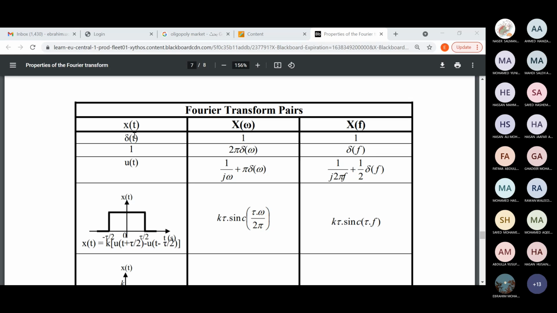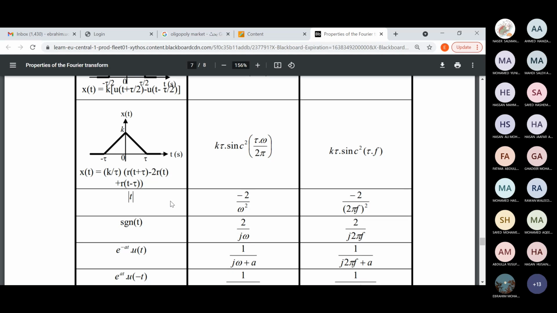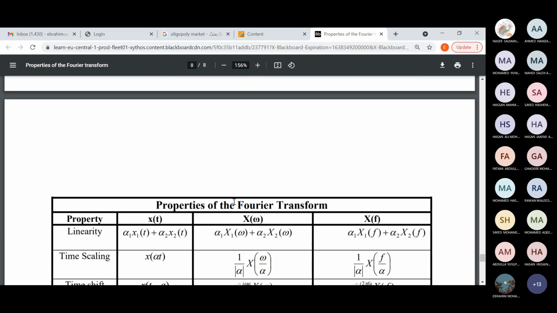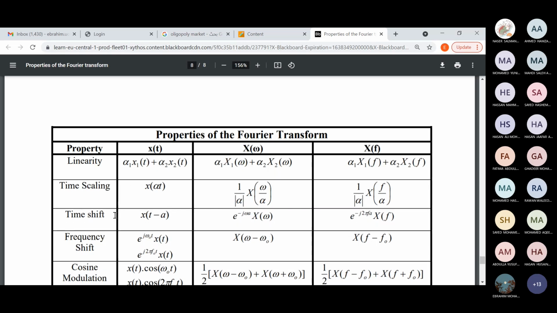When we have delta of t, its Fourier transform, for omega or for f, is equal to 1. And when it is delta of t minus t naught, there is another table. We call it the properties of the Fourier transform. So if we have a shift, how to work with it, we will see later.